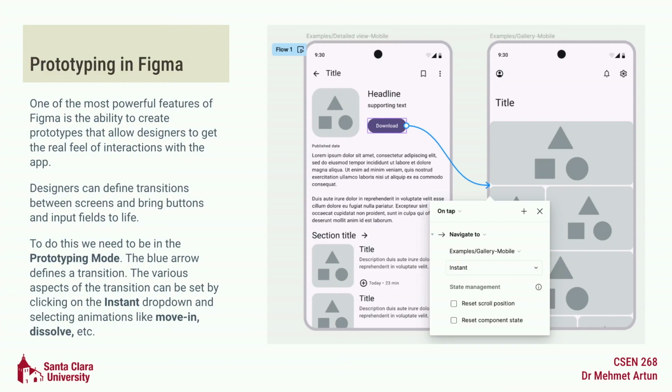It navigates to this screen, example/gallery mobile, this screen. And how should it go? Instant. You can, of course, also go with an animation, and in that case, it wouldn't be instant, but animation. But this way, if you've designed this for your client, you have designed these pages, you can also give your client a click-through product.